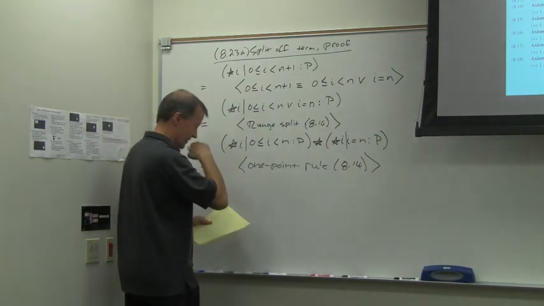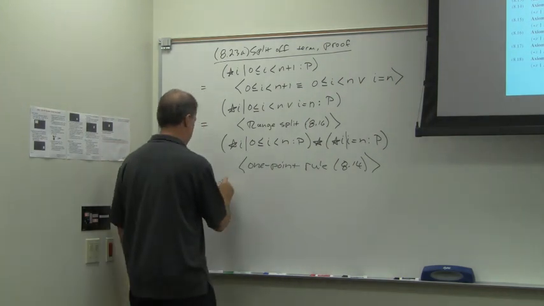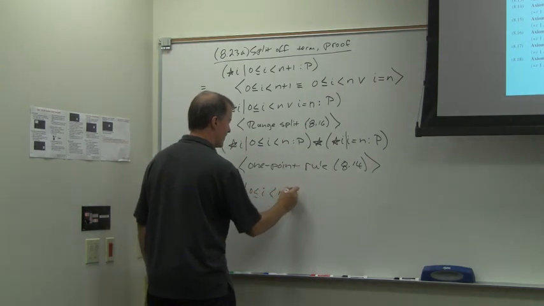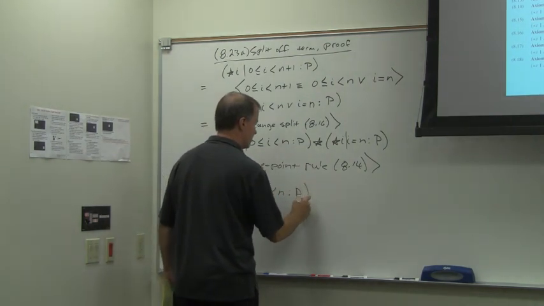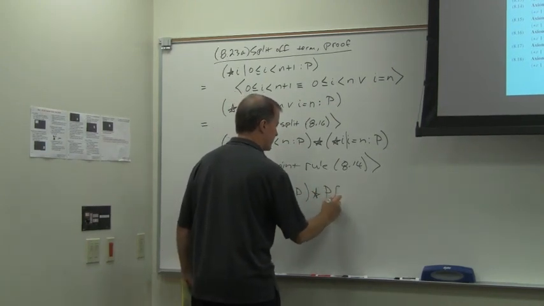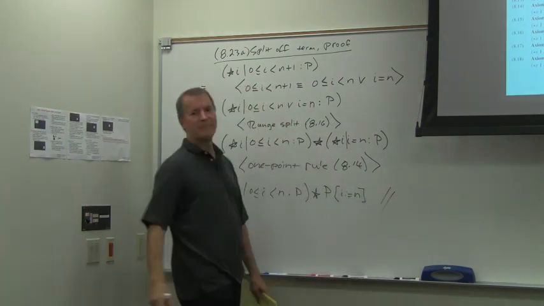Boom. And what is it? It's the right side of what we're proving: star I, 0 less than or equal to I, less than n, P, star P with I replaced by n. Boom, we're done.